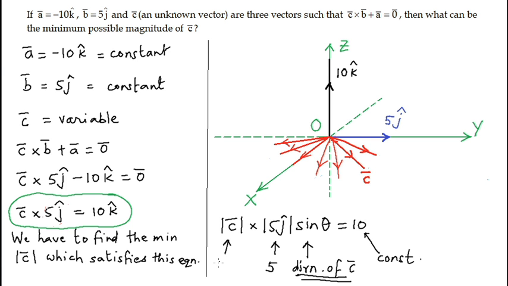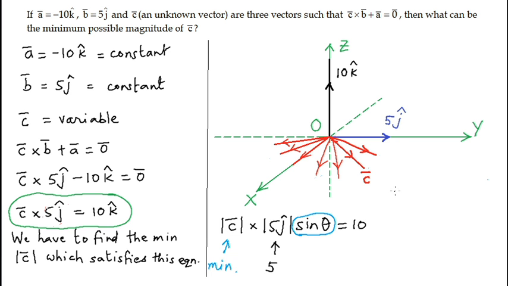In other words, we must adjust the magnitude of c bar such that the product of these three terms remains constant at 10. And herein lies the crux of this part of the problem. We want to find that value of sine theta so that the modulus of c bar is minimized.